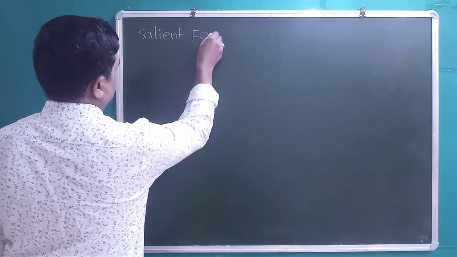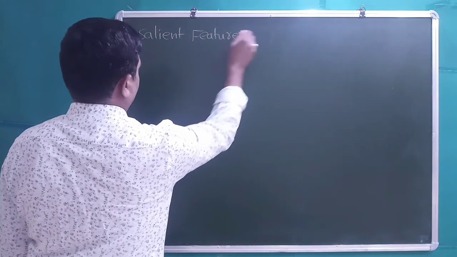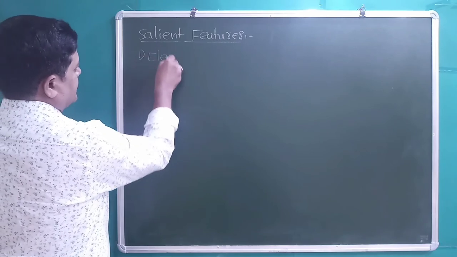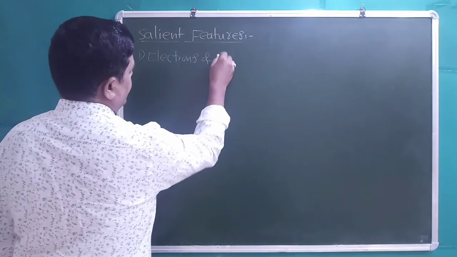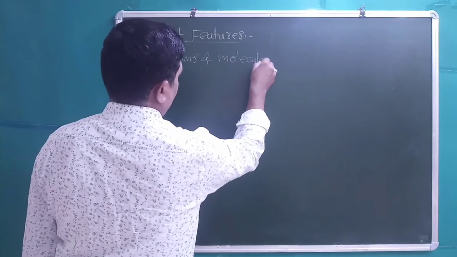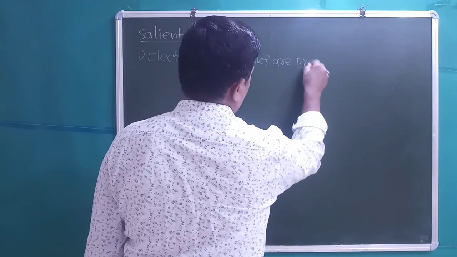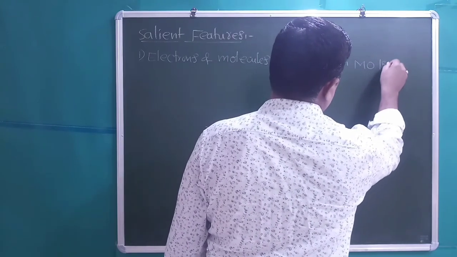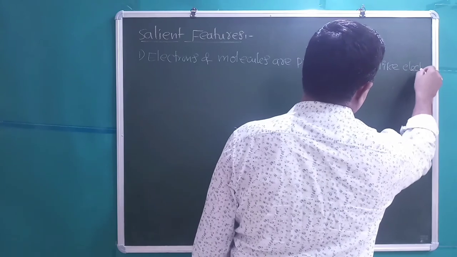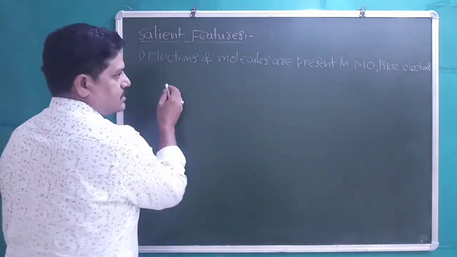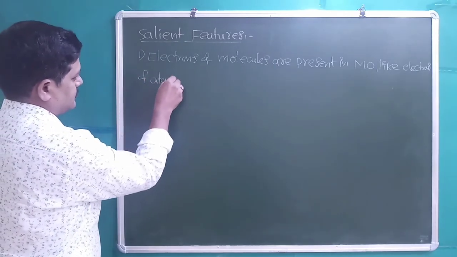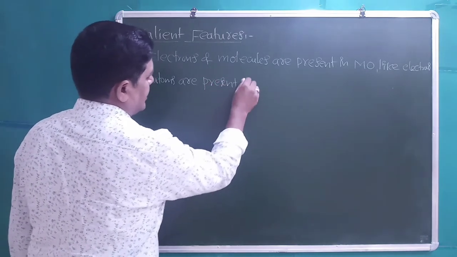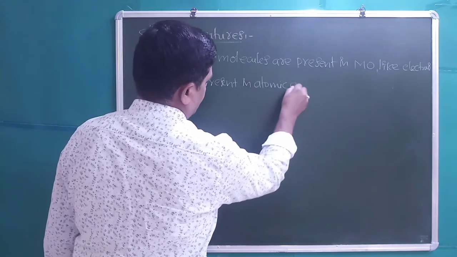Salient features: electrons of molecules are present in molecular orbitals, like electrons of atoms are present in atomic orbitals.